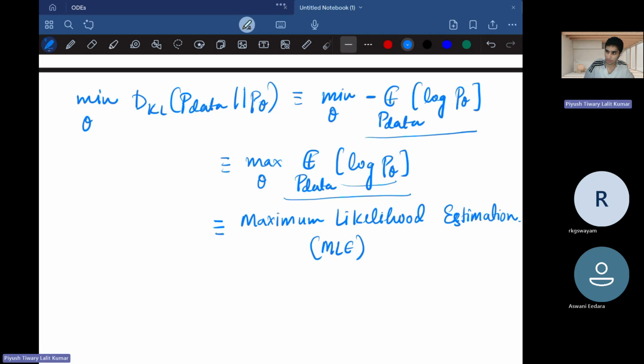So you are learning theta such that it best represents, or best models, the data distribution, which is P data. I don't know if that makes sense.